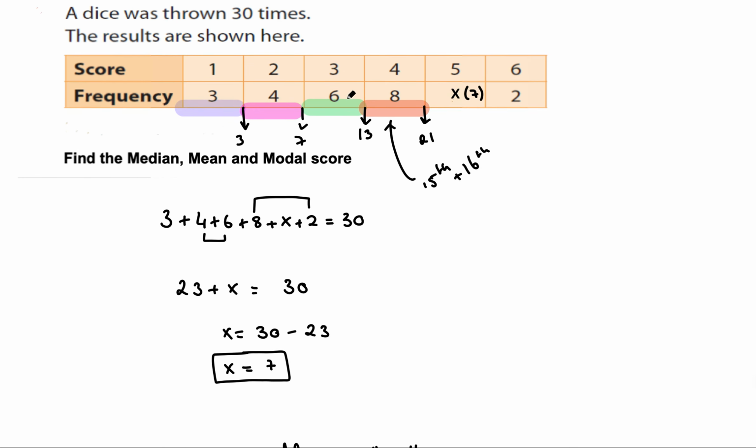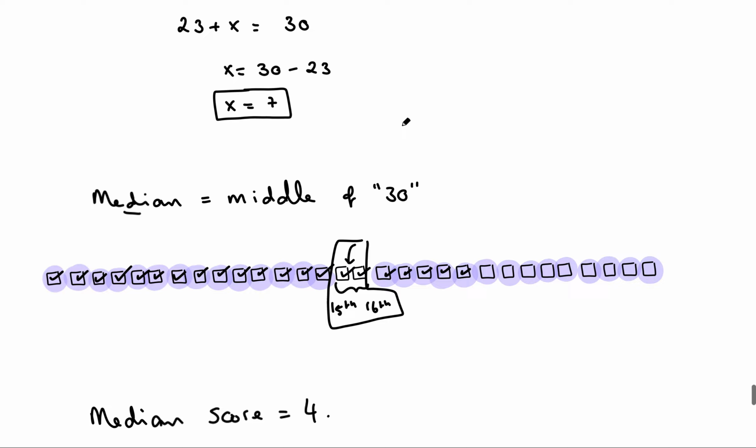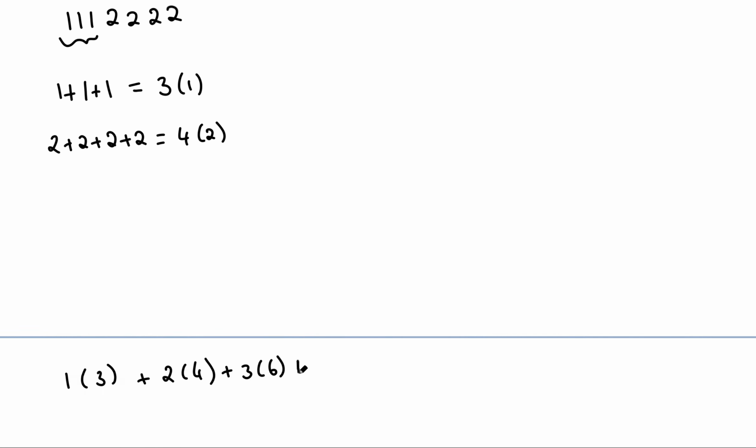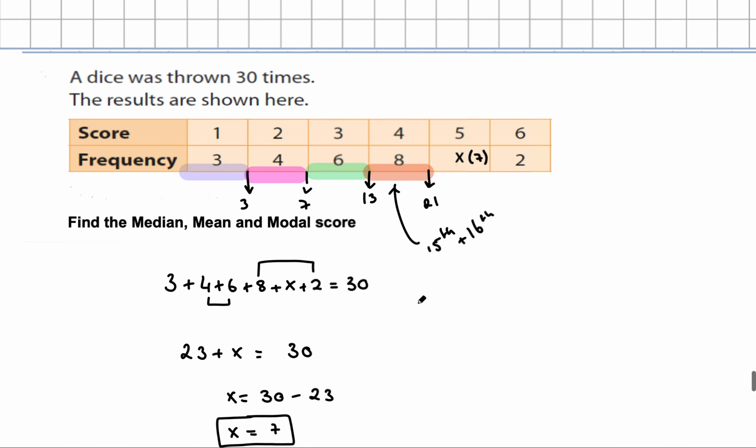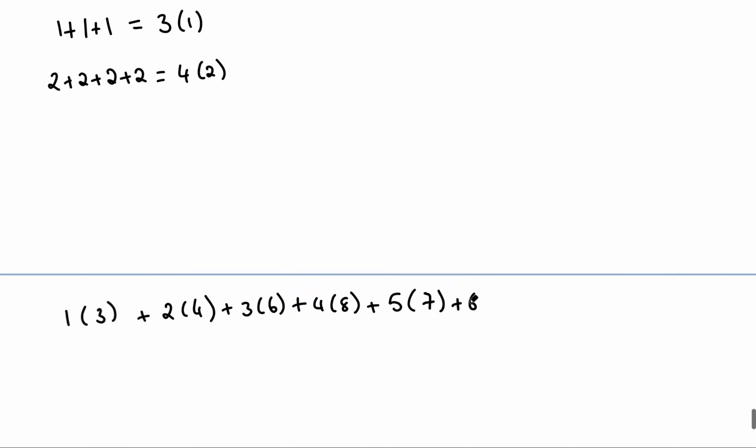I'm going to have 3 coming up 6 times. So I'm going to have plus 3 by 6. I'm going to have 4 coming up 8 times. So plus 4 by 8. Plus 5 by 7. And we had as well 6 by 2. And I divide all of that then by 30. And you just pop that into your calculator.